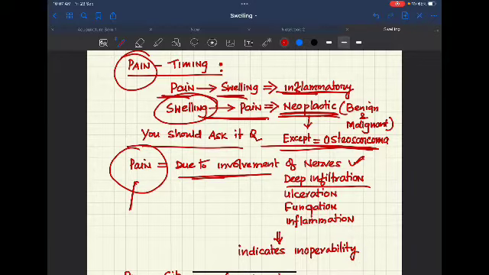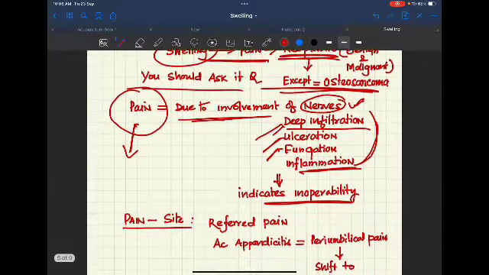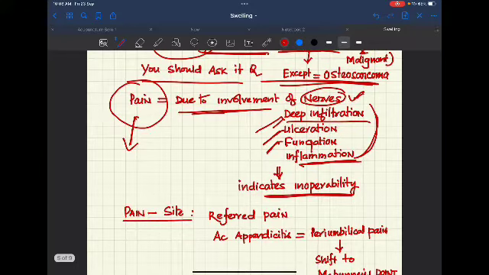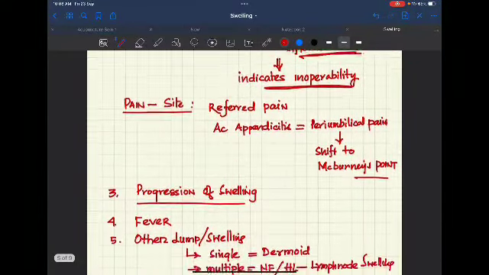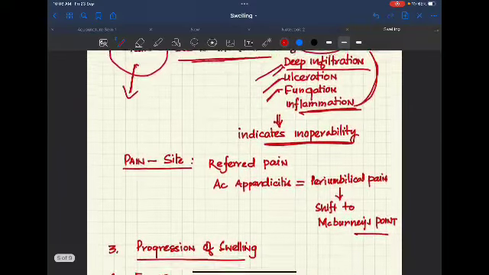You have to know why there is pain. Pain because of involvement of the nerves or deep infiltration, ulceration, fungation, or any inflammation actually indicates the inoperability of this condition, and it gives an important clue to the surgeon whether the disease is very severe or not, and sometimes the staging of the disease also.